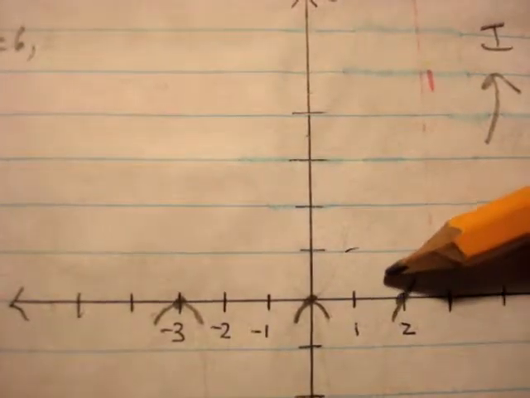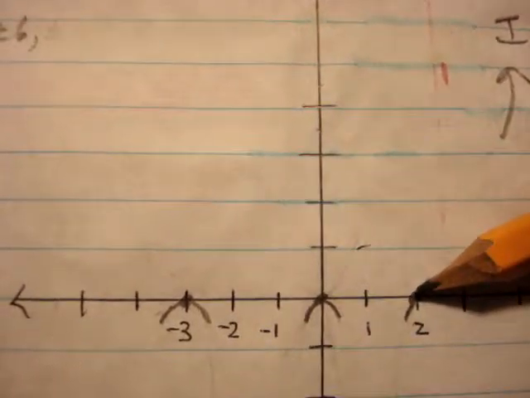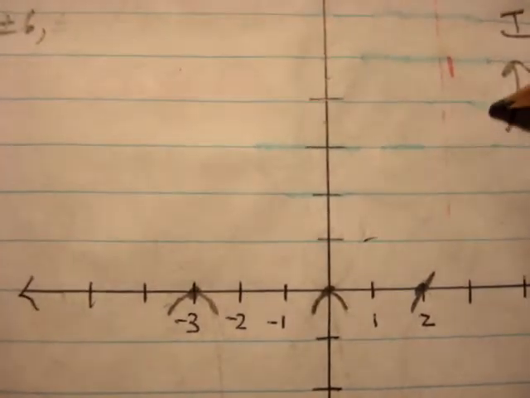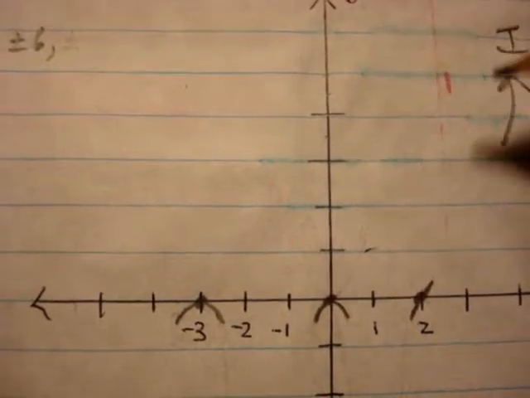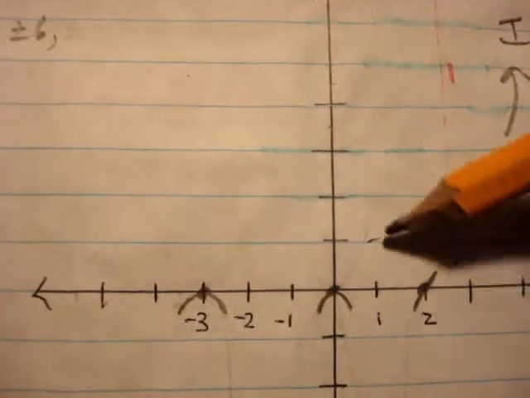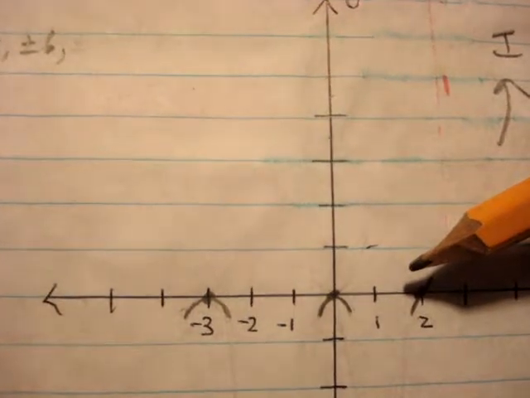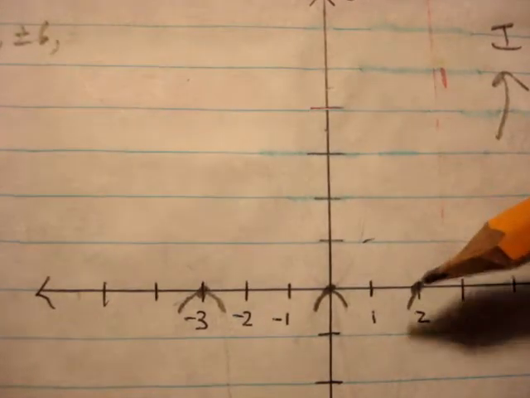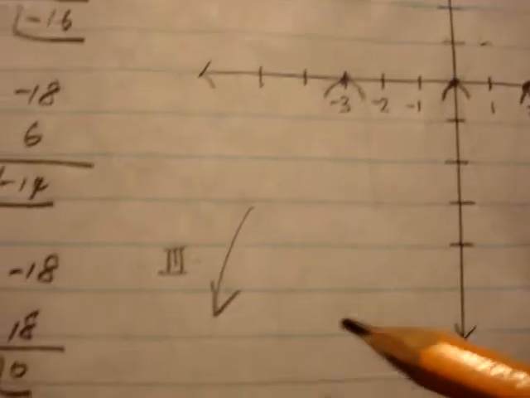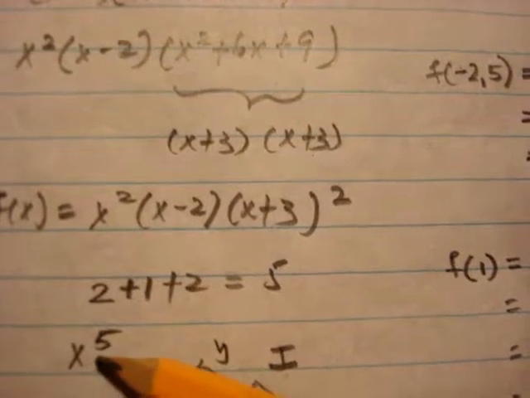You will not cross like this, because the x to the 5th theorem says the end behavior only works on the first quadrant and the third quadrant. So you're not going to cross like that way, because that's not the x to the 5th theorem. Okay, so you cross like this, which matches the x to the 5th concept.